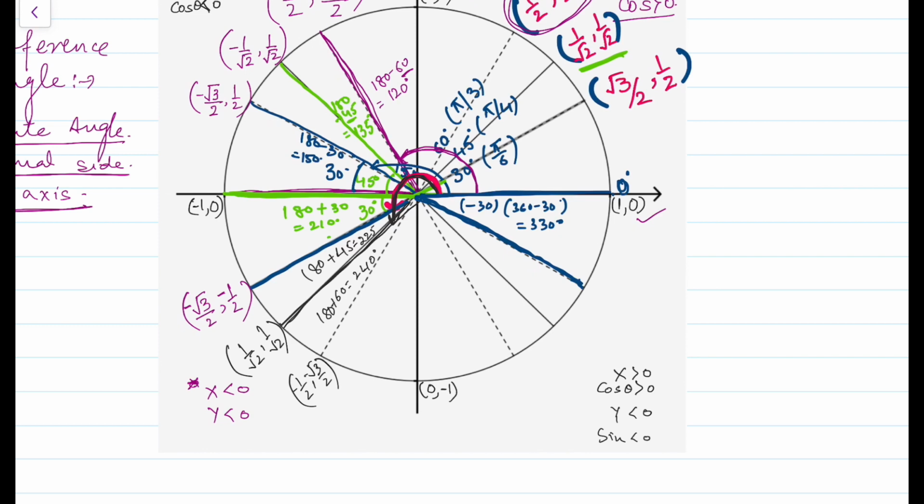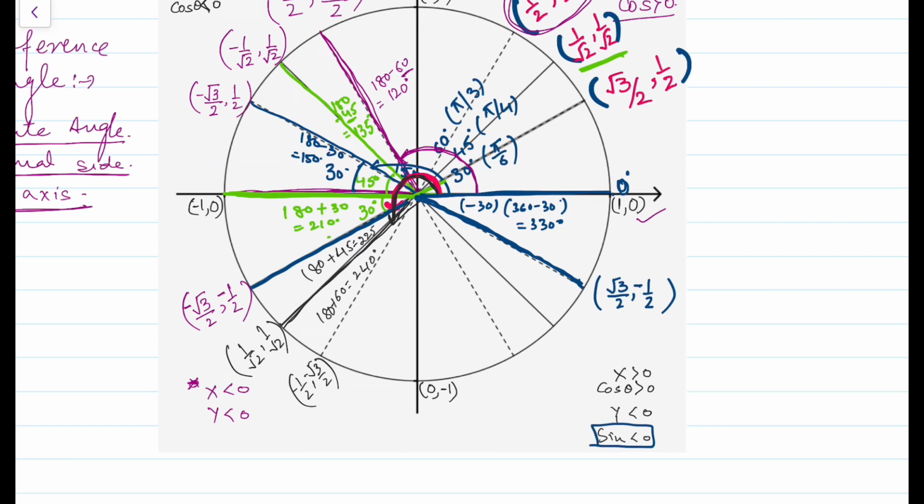Those are the angles in degrees. We are going to do radians separately. I don't want to overcomplicate the unit circle right now. We are going to use the values of 30 degrees, which is root 3 over 2, comma half. And here we know that the sine is the negative value, so we make the sine negative.